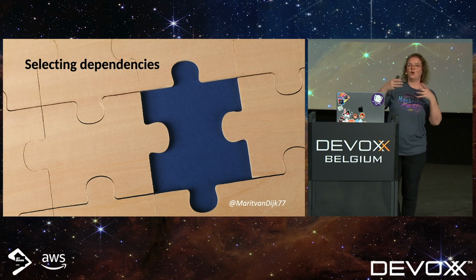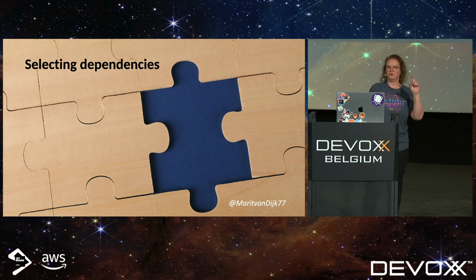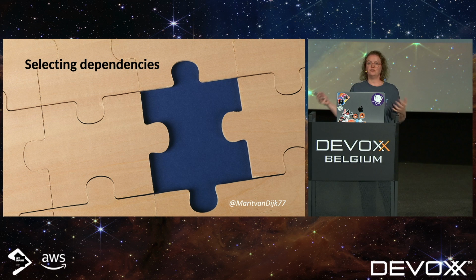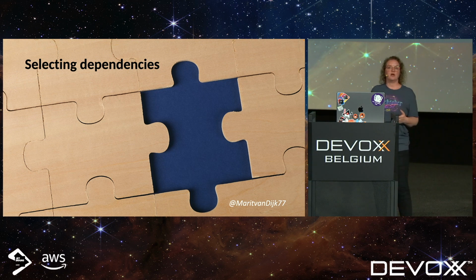And does it do so in a way that matches? If we have a very small problem and a huge dependency, maybe that's not the best solution. Maybe we should just write this little small thing ourselves. Maybe there are other dependencies that do the same thing and we want to compare them and see which one we prefer. Maybe we already have a library that does this and we don't need another one.